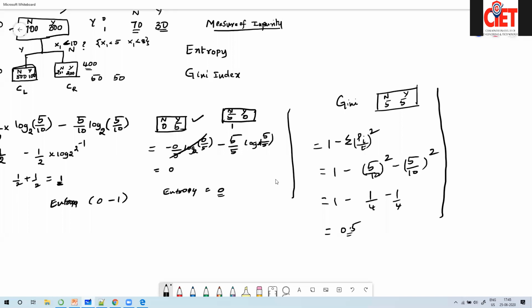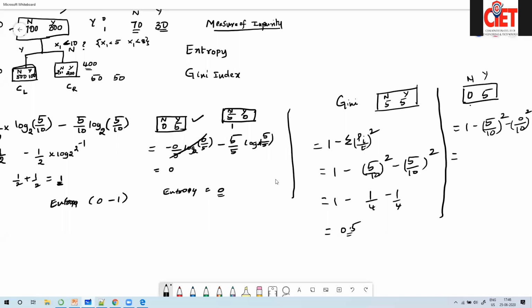And for a perfectly pure node, which is going to be like this, 0 for no category and 5 for S category, zero by 10 whole square.